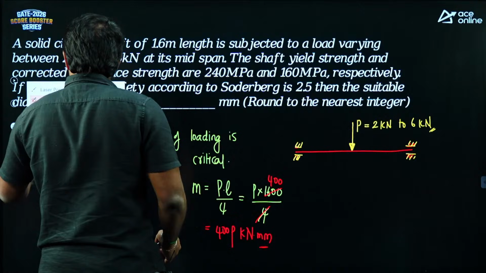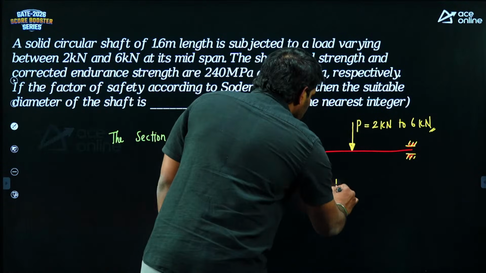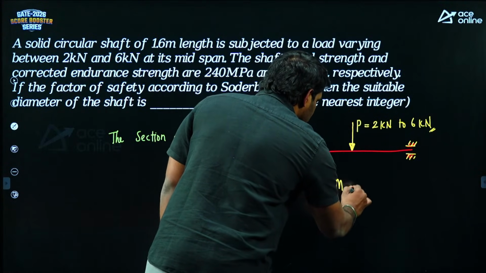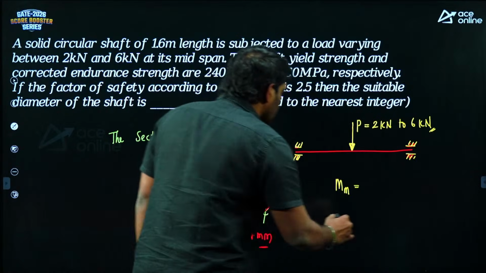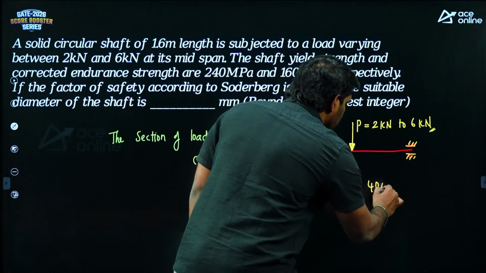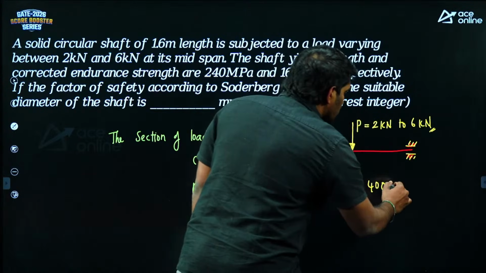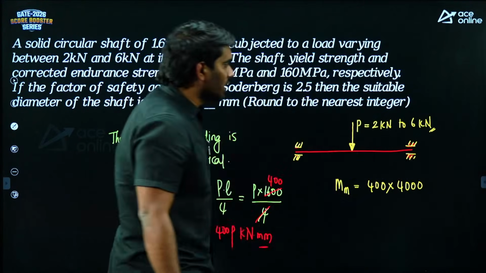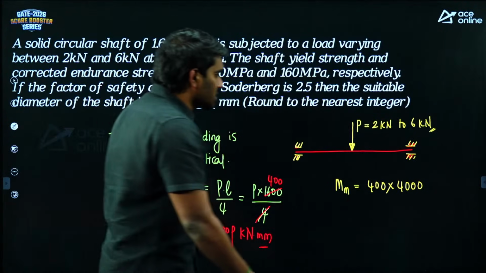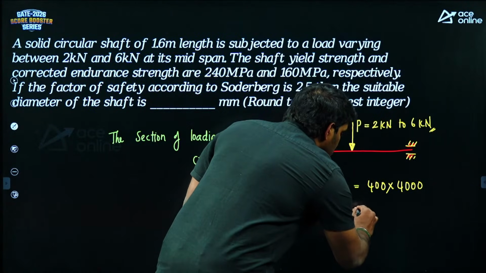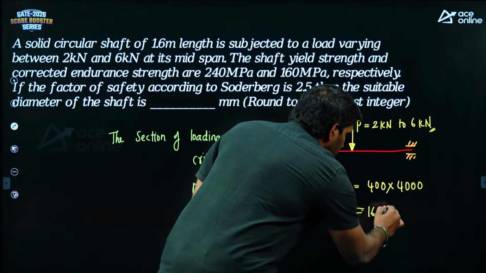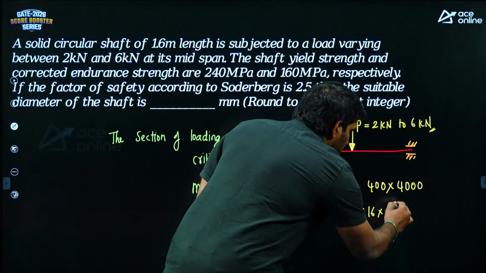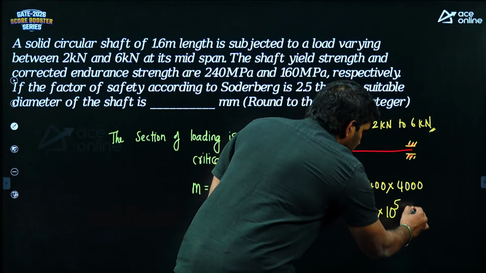So what is the mean value of moment? Mean value of moment is nothing but equal to 400 into, what is the mean value of load here? It is 4000. Is that 4000 newtons? Yes. So this is nothing but equal to 16 into 10 power 5 Newton mm.